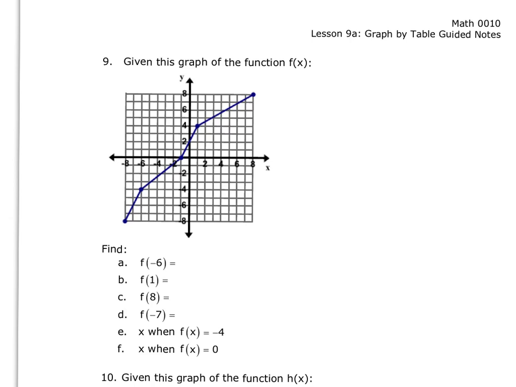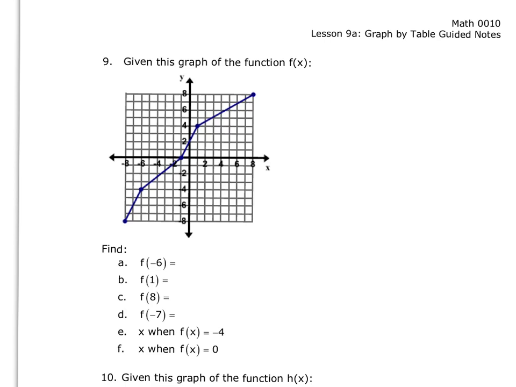As you will recall from just a few minutes ago, the number inside the parentheses is your x value, and the function value we're looking for is the y value. So as we look at number 9 and we look at part A, the question is, what is the function value if x is -6?